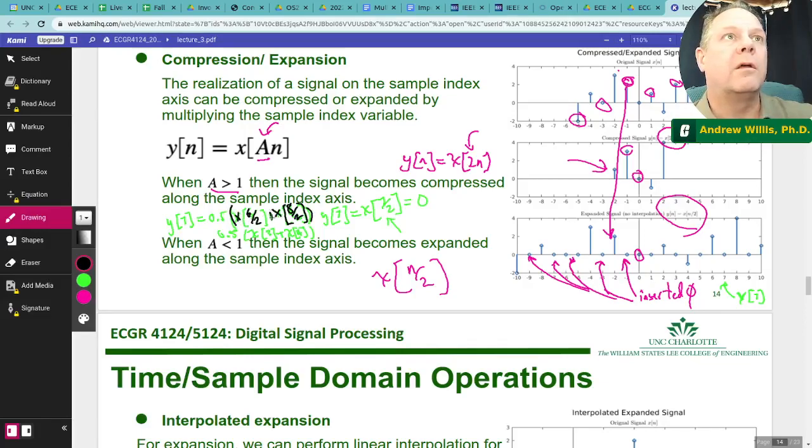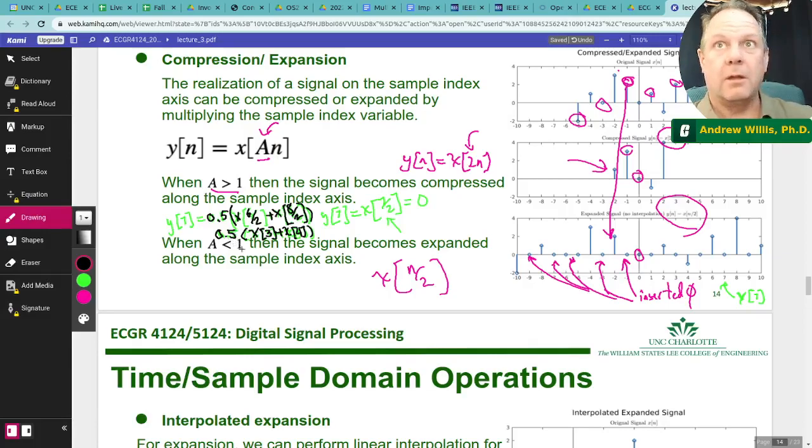It's a lot better. Okay, so this is 0.5. So 6 over 2 is 3. So this is x of 3 plus x of 4. Is that okay?